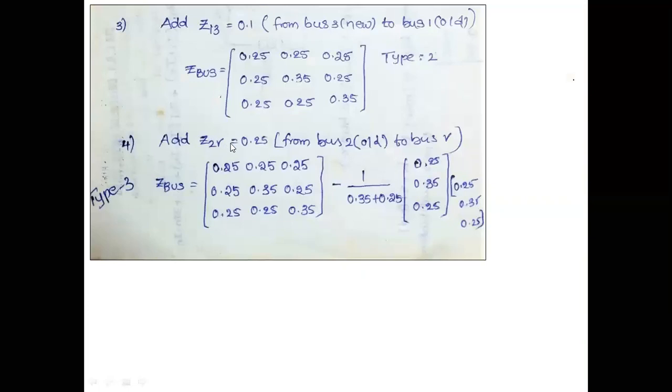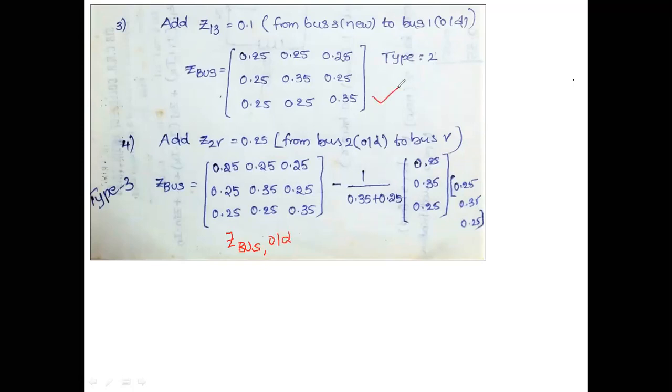See, Z2R, which is connected in between bus number 2 and bus number R. Now already we got Z bus old. So again, you need to check the formula for writing all these things. So this is also a formula, Z bus old. Already we have derived the Z bus old.